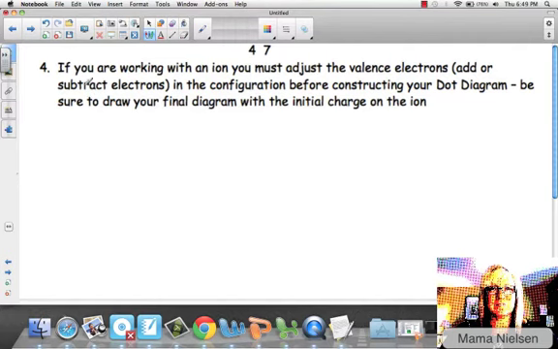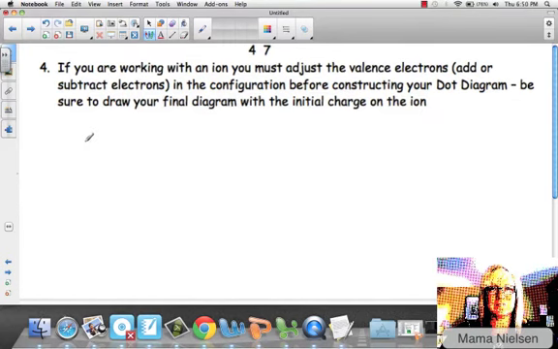Oh, one last rule. If you are working with an ion, you must adjust the valence electrons. Add or subtract the electrons in the configuration before constructing your dot diagram. Be sure to draw your final diagram with the initial charge on the ion, and you need to use brackets.